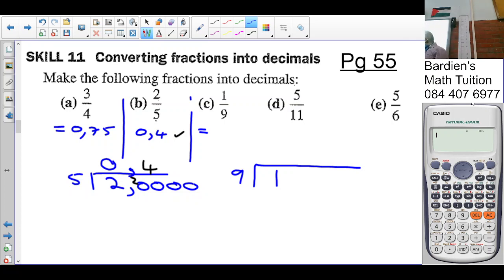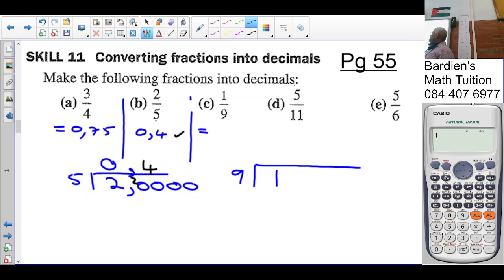You say, okay, 9 can't go into 1. The girl at the back, you're facing that direction. You know what's going on here? The girl at the back. Sorry? You know. So what is your answer? So you didn't do the homework?